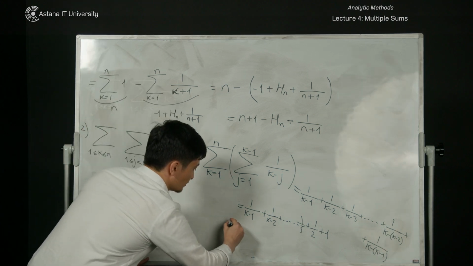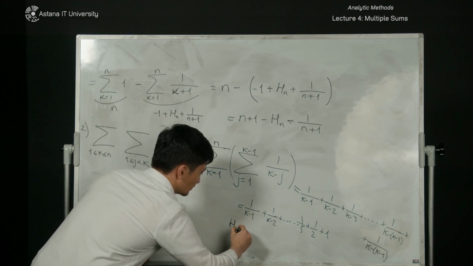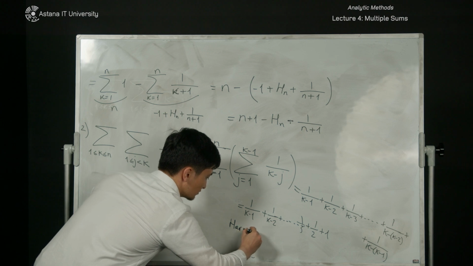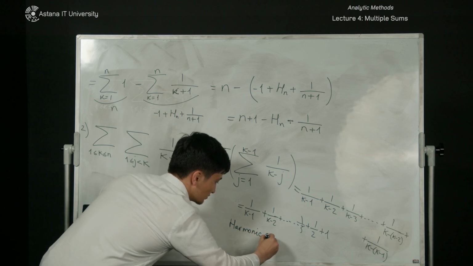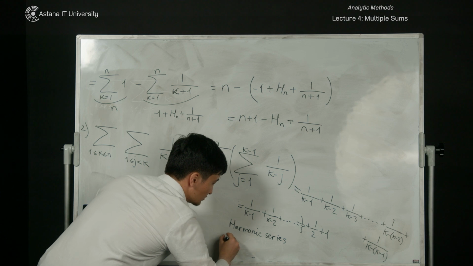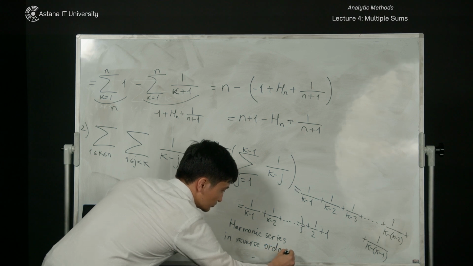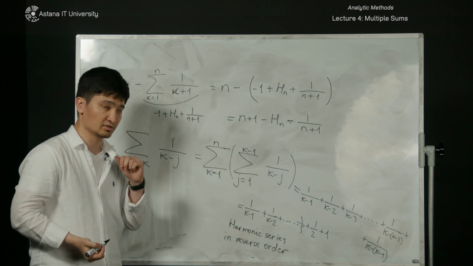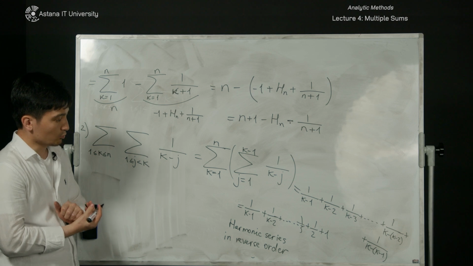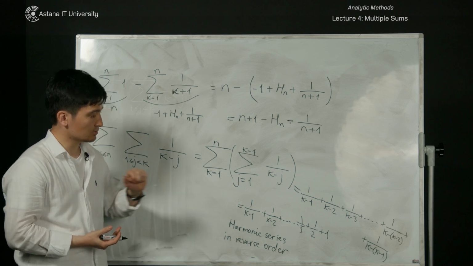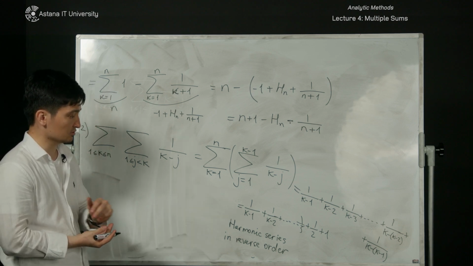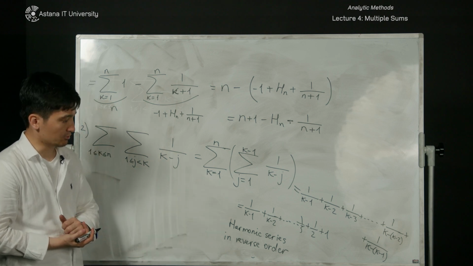So this is harmonic series in reverse order. But what is missing is that the last term in harmonic series is usually 1 over k, right?